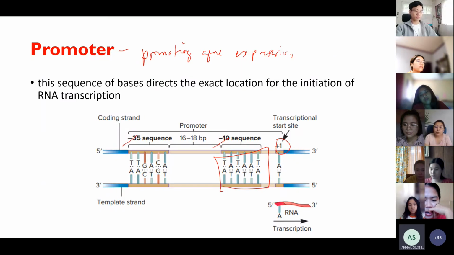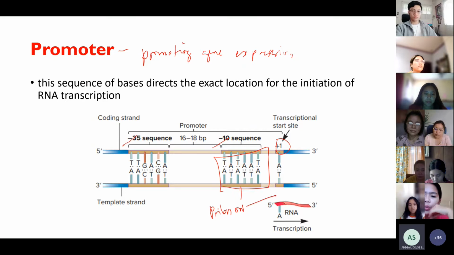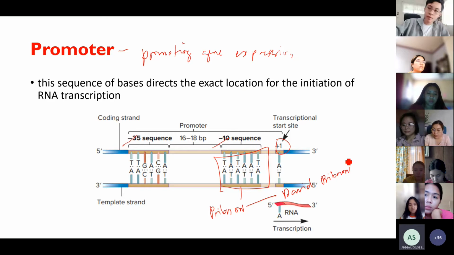We sometimes also call this sequence the Pribnow box. It's named after the scientist who discovered it, David Pribnow.